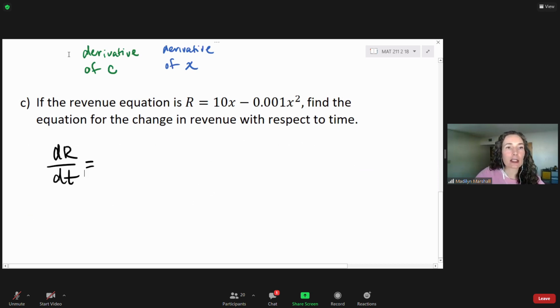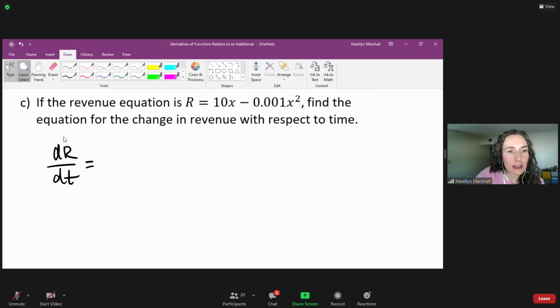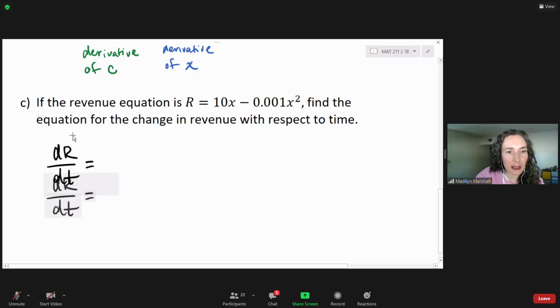So I'm going to rewrite the revenue equation so I can make notes on it.